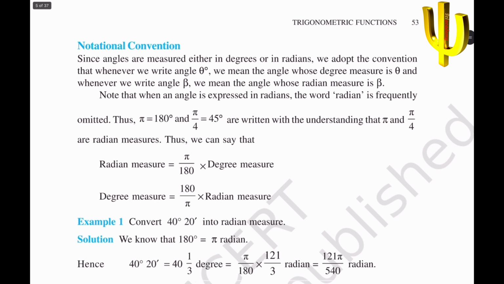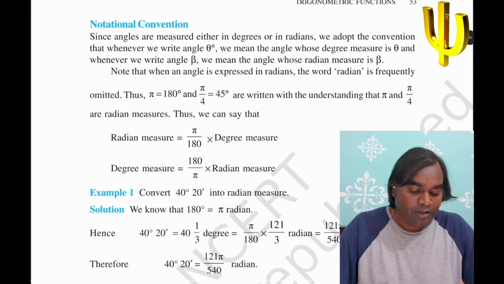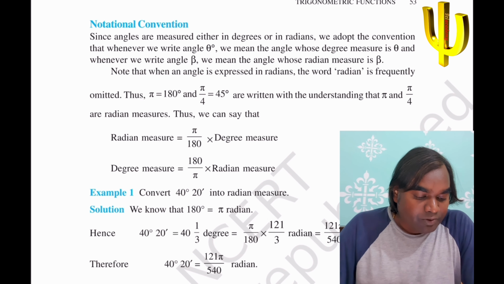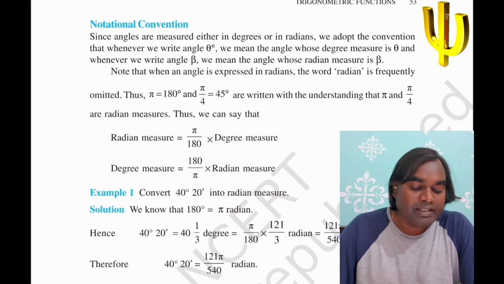Notational convention means how we can note some value. Since angles are measured either in degrees or in radians, we adopt the convention that whenever we write angle theta degree, we mean the angle whose degree measure is theta, and whenever we write angle beta, we mean the angle whose radian measure is beta.